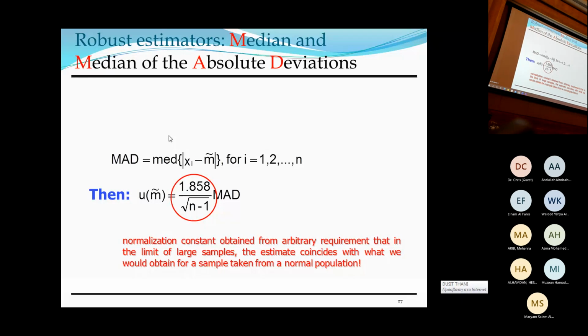So if you have 10 measurements or 11 measurements, the median is the 6th measurement. Then you subtract the 6th measurement from each one of the measurements, and you take the absolute value, and the median of that absolute difference is the MAD, the median of the absolute deviations. And that is used to estimate the uncertainty associated with a median.